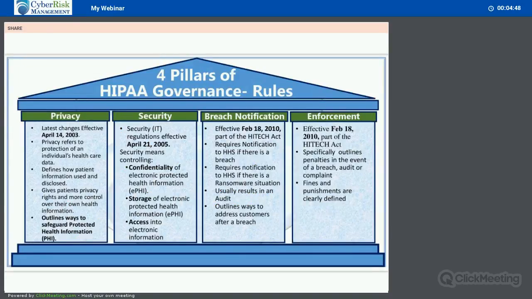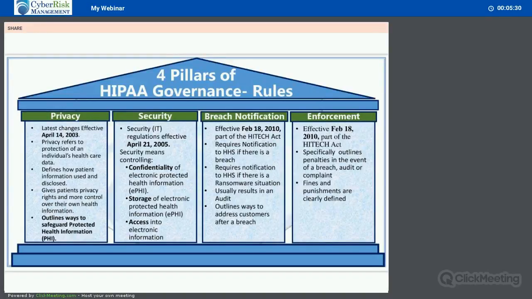There are 4 pillars of HIPAA governance. There's the privacy rule, which has been around for quite some time, just as we've discussed. You also have the security rule, which is a little newer, but even in its newness, it's still been around for a little while. Then you have the breach notification rule and the enforcement rule. Both were part of the HITECH Act that we talked about a little earlier. The breach notification rule is very prescriptive in what a healthcare organization or a business associate has to do in the case that there is a breach.